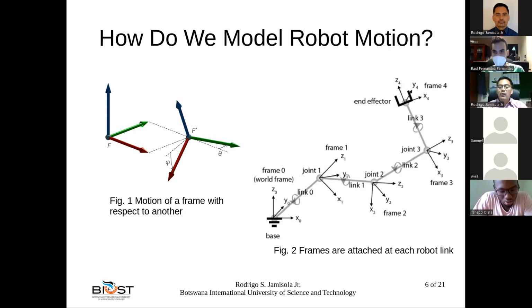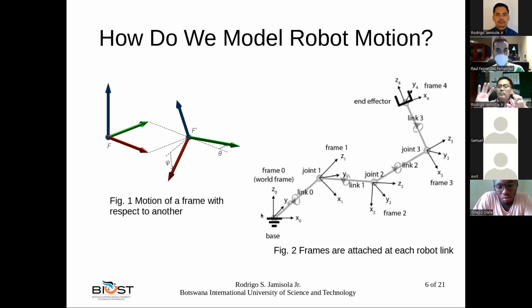Because the result of expressing one frame moving with respect to the other frame is just a matrix, if we pre-multiply all the matrices, matrix 1 by matrix 2 by matrix 3 by matrix 4, for example, the result is the expression of frame 4 with respect to the base frame. Finished.